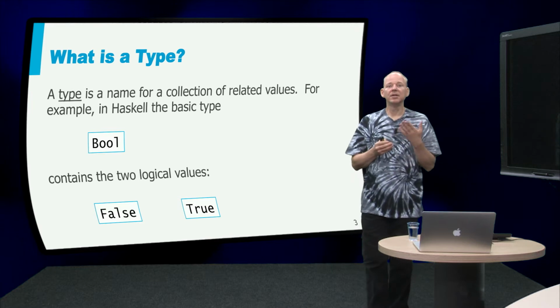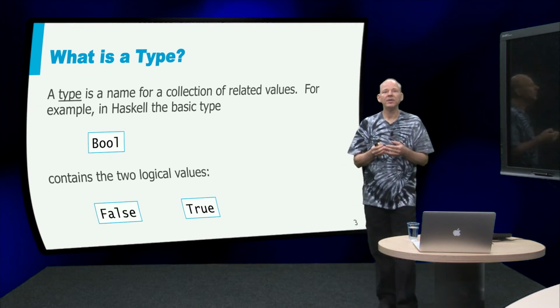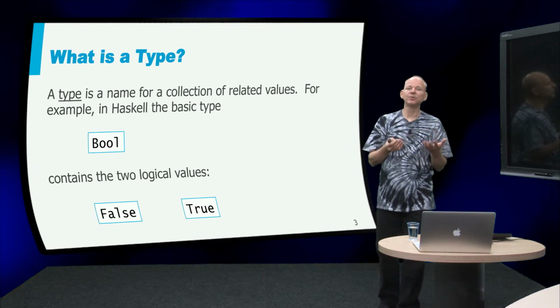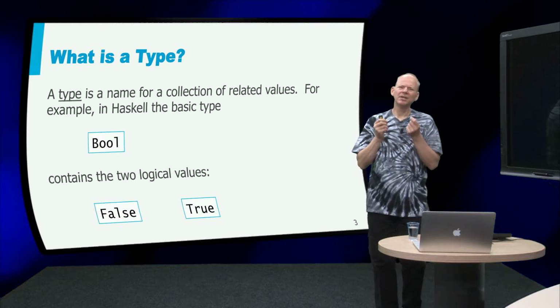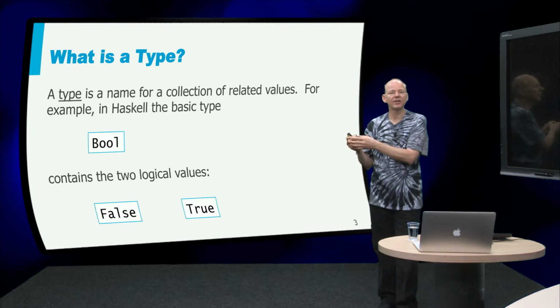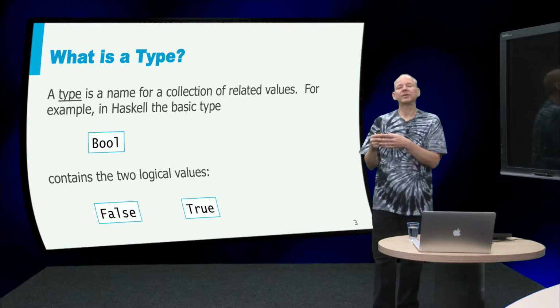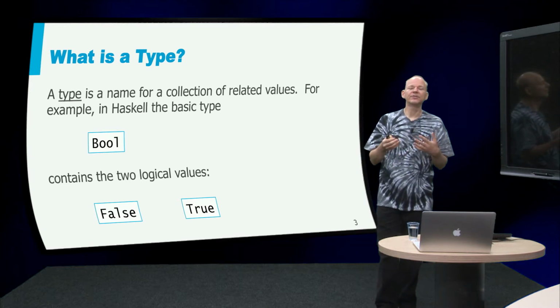For example, in Haskell, the type Bool is a name for a collection that has two values, False and True. Now, if we were being really pedantic, in Haskell there would be a third value, bottom, that represents a non-terminating computation of type Bool.